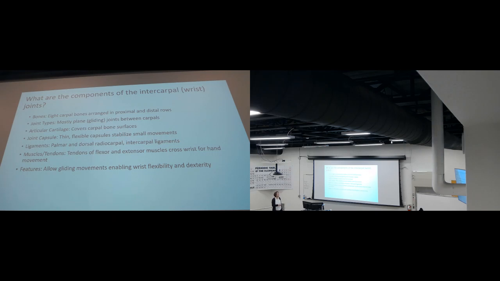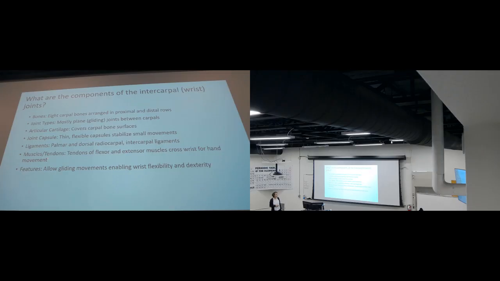So what ligaments do we have? We have the palmar and dorsal radiocarpal, and then we have the intercarpal ligaments. And then I already told you about these tendons, the flexor and the extensor muscles.